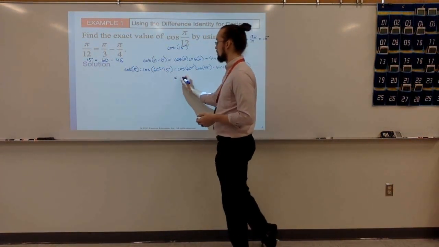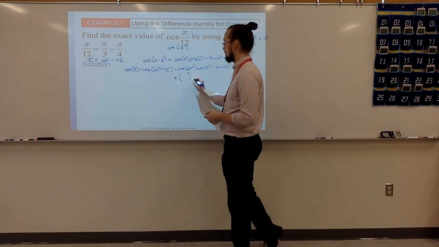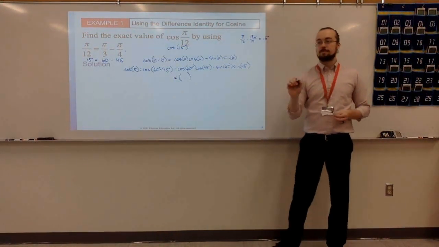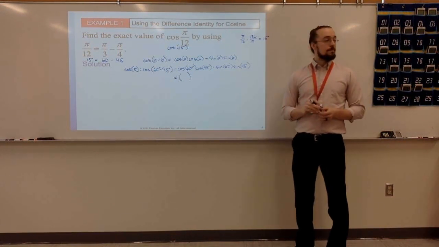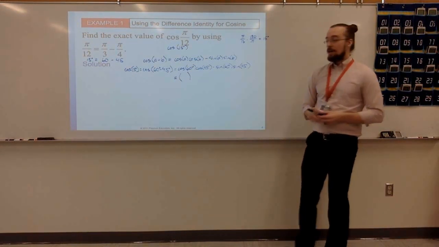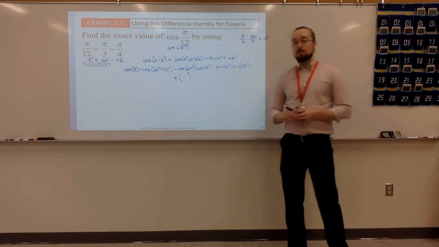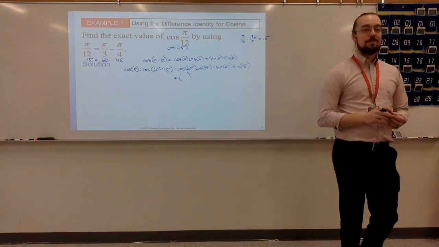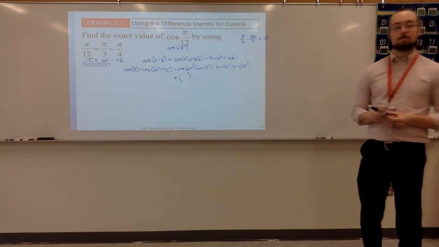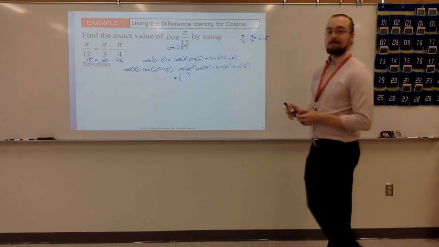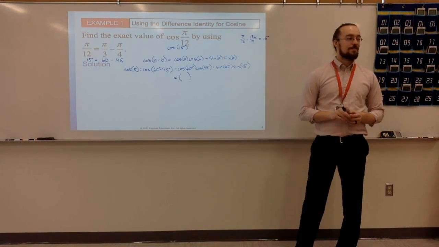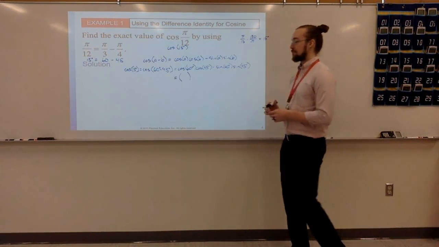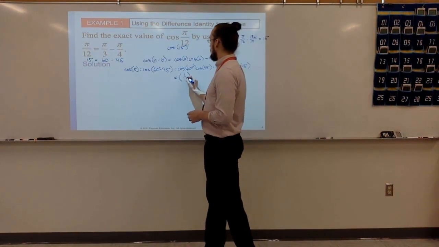So in terms of the unit circle, what is the cosine of 60 degrees? Yes, it's 1/2.